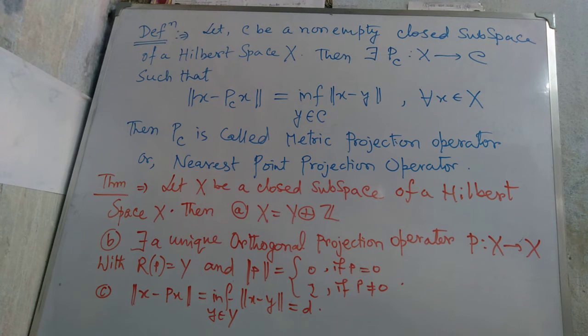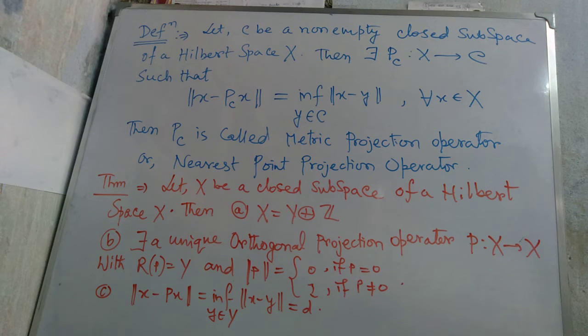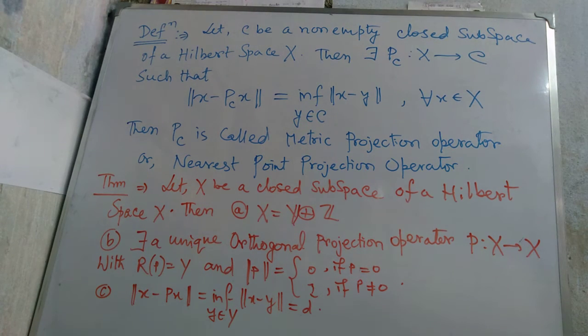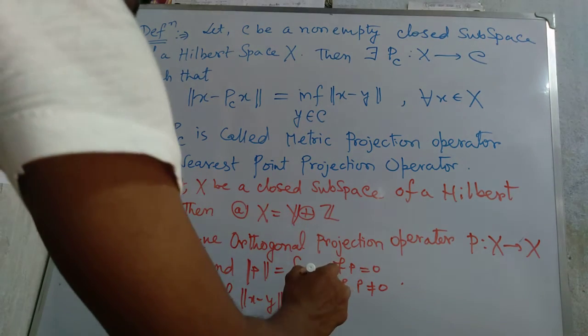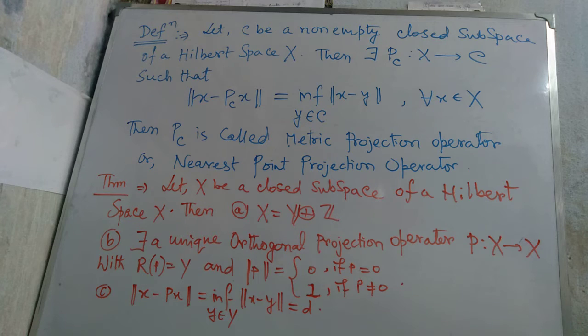So let Y be a closed subspace of a Hilbert space X. Then A: X equals Y direct sum of Z. B: there exists a unique orthogonal projection operator P: X to X with R(P) equal to Y, and norm of P equal to 0 if P equals 0 and 1 if P not equal to 0.